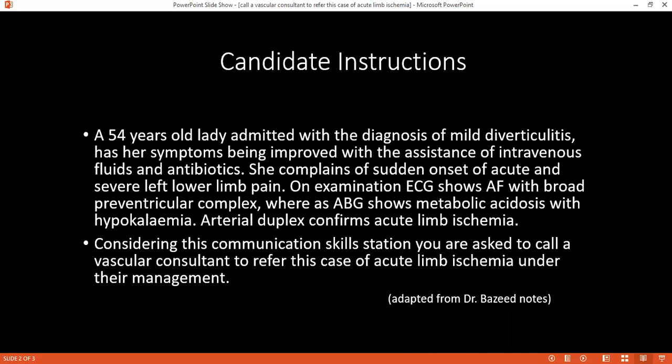Sir, we can scan the abdomen, but as of now the patient is stable from the abdominal side and the abdomen is soft and non-tender. We'll do serial examination. If we find anything, we will do the abdominal scan, sir. We can go for a CT scan if the renal functions are normal. Okay, could it be mesenteric ischemia? Yes, it can be mesenteric ischemia, sir. But the patient is stable from the abdominal side with fluids and antibiotics.